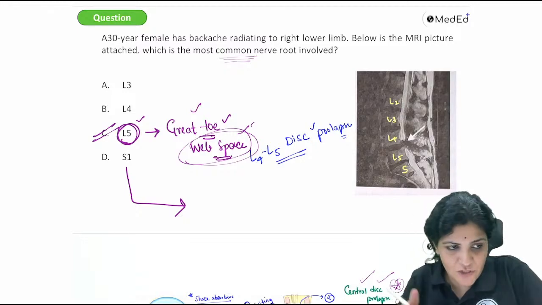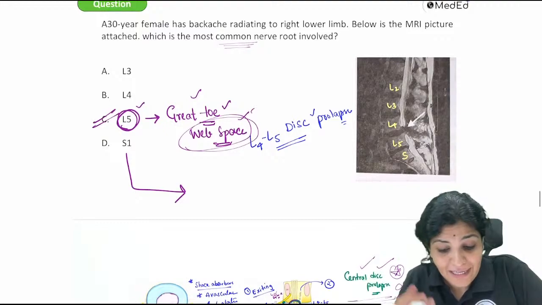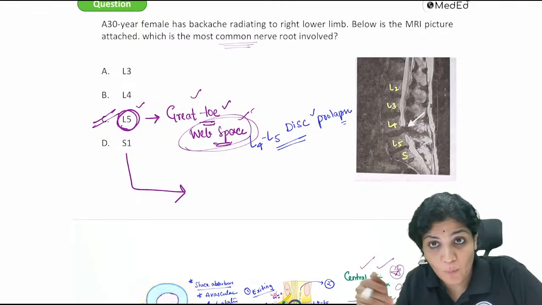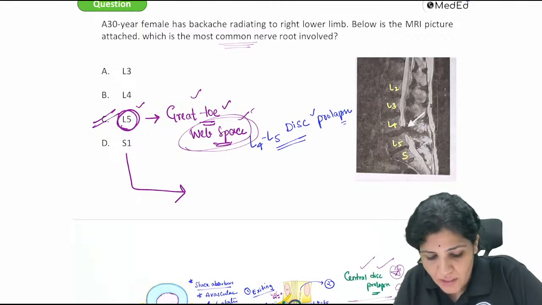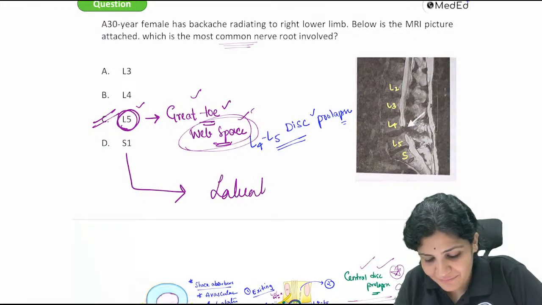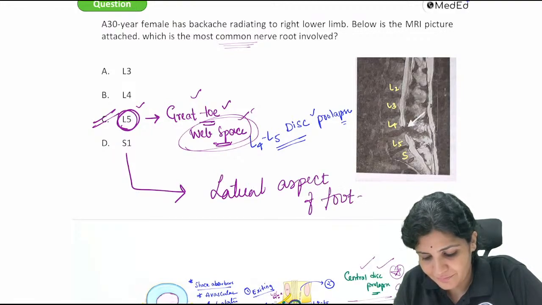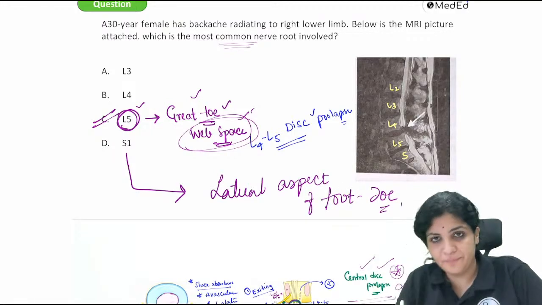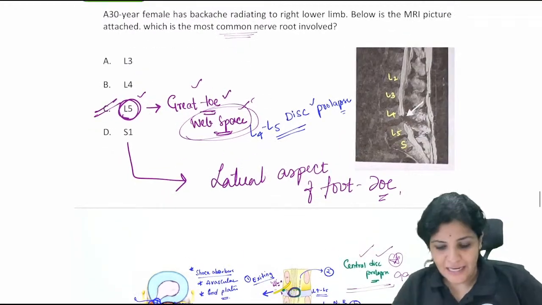So whenever there is S1, little toe, this is in the lower limb. So S1 is lateral aspect of the foot. Okay, good. Little toe region, lateral aspect of the foot.